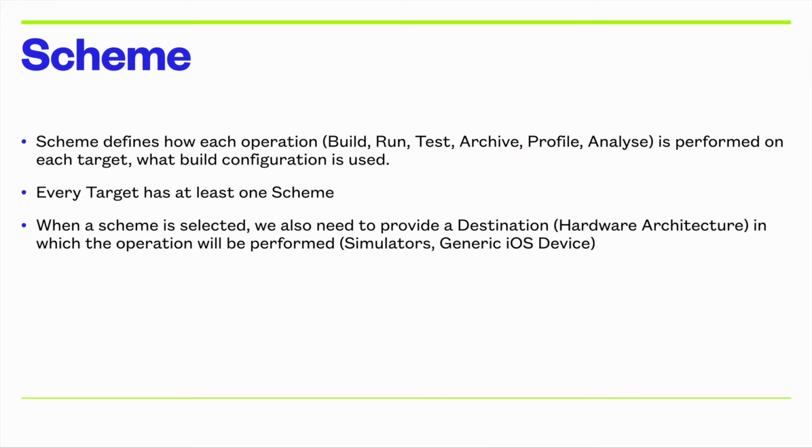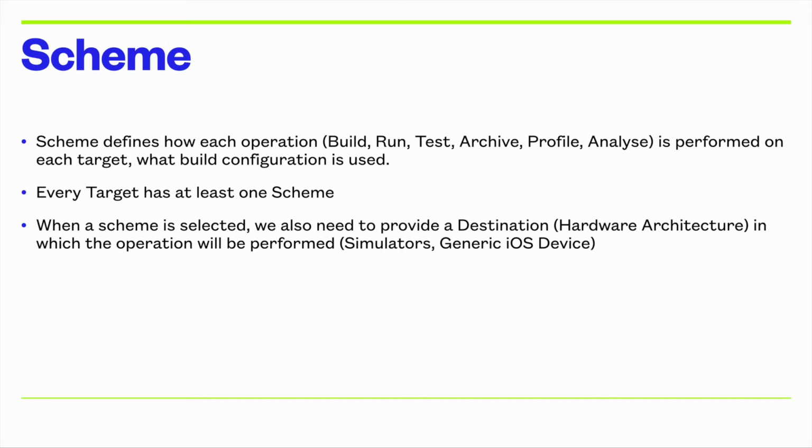Let's look at what schemes are. There could be a confusion between schemes and targets because usually whenever we try to run our app or build our app, the scheme that we select to do that usually has the same name as its target.